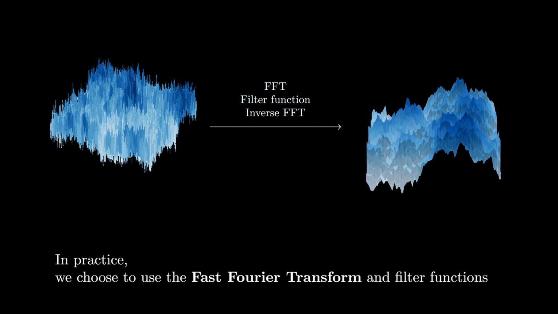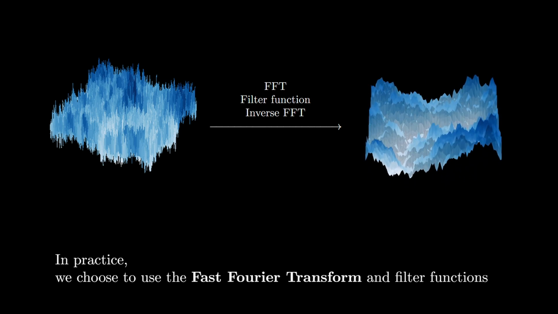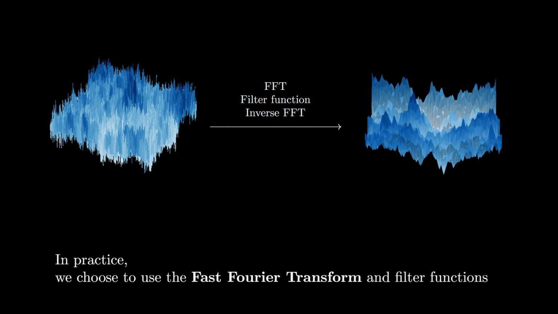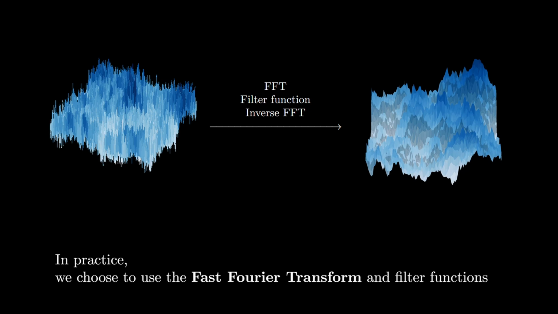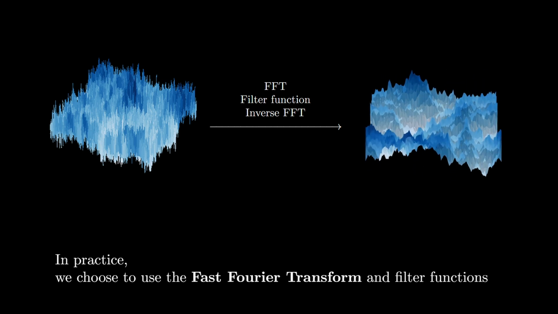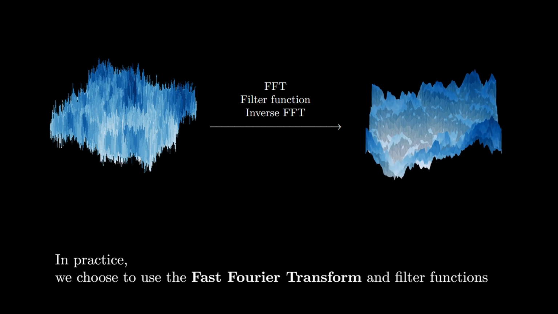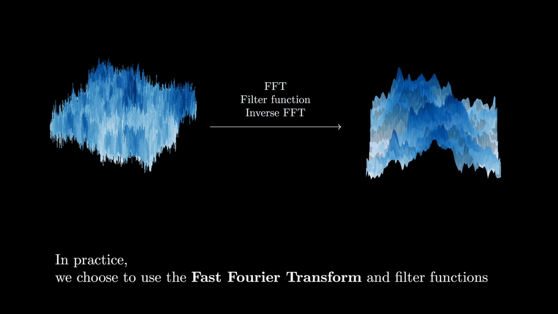Next, a filter function, which depends on H, is applied. It scales down higher frequencies for larger H values. At last, an inverse FFT brings the data back to real space, and we have our Brownian surface.